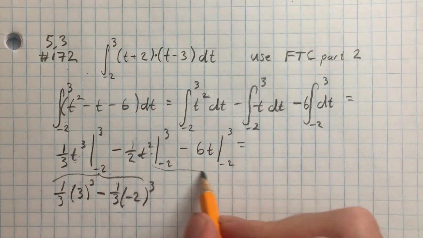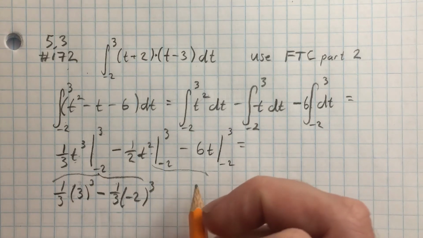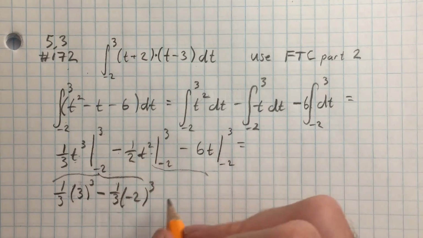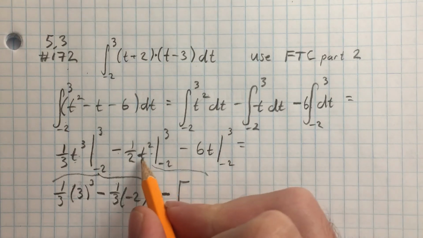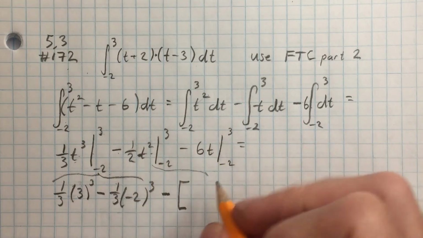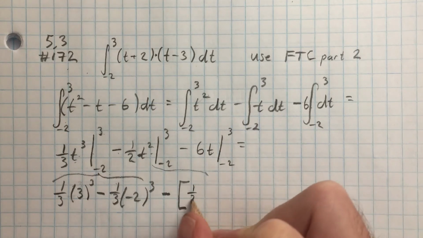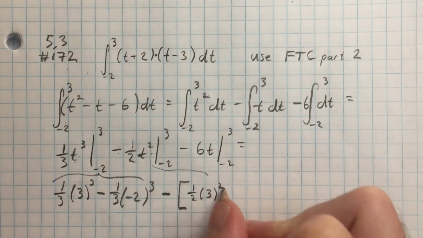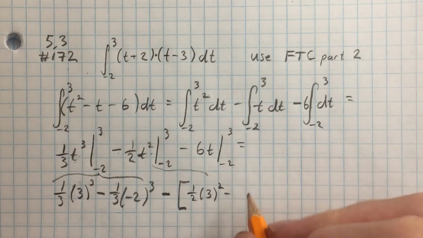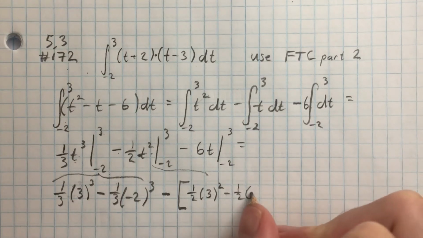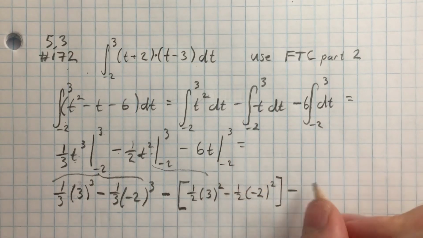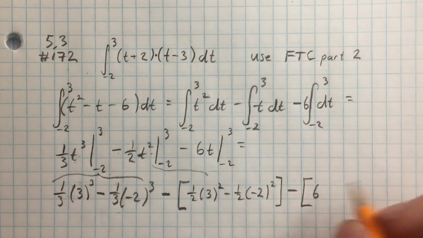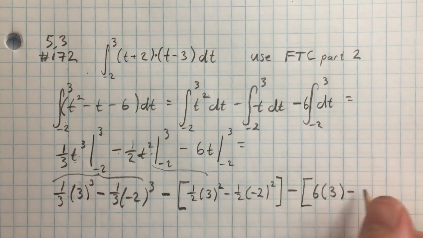And the next one, same thing. Minus, gotta be a little careful here, minus 1/2 3 squared, and the minus from the fundamental theorem, 1/2 -2 squared. Another minus 6 times 3 minus 6 times -2.